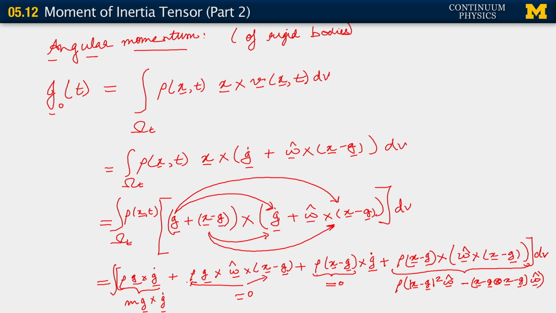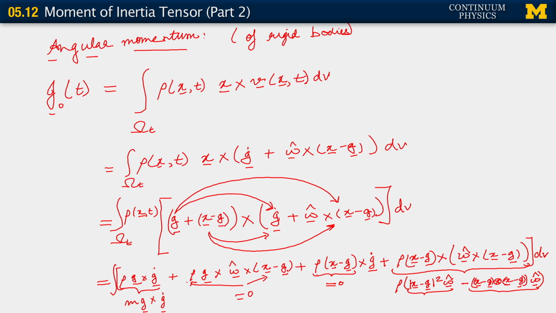Observe that the first term is a scalar, x minus g Euclidean norm squared, multiplying omega hat, and here too we have a tensor, x minus g tensor x minus g, and I should put parentheses around these two.